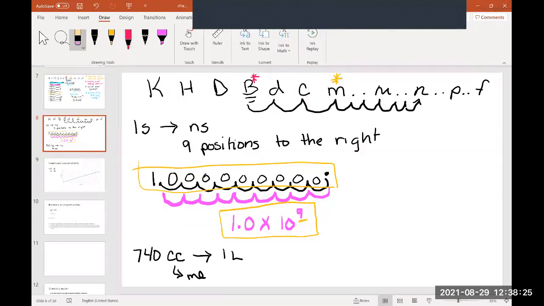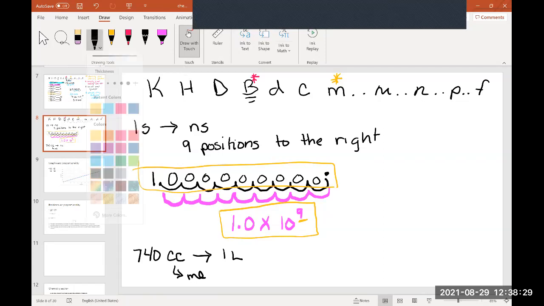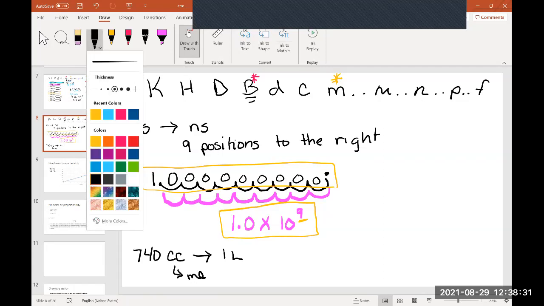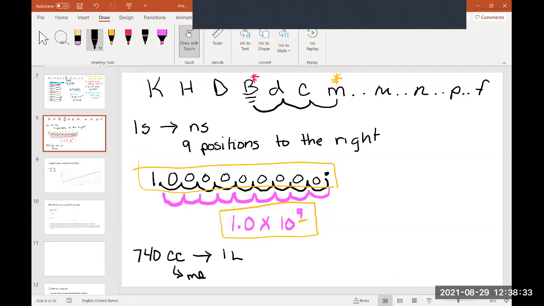Our next task is to measure how many places we jump. So I'm going to jump 1, 2, 3 positions to the left. And that means I rewrite the number with the decimal point, and I jump 1, 2, 3 positions to the left.